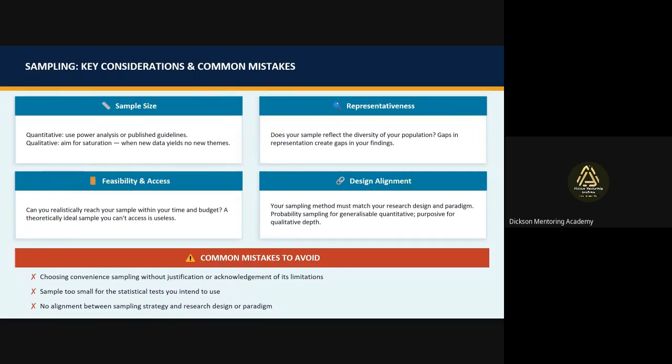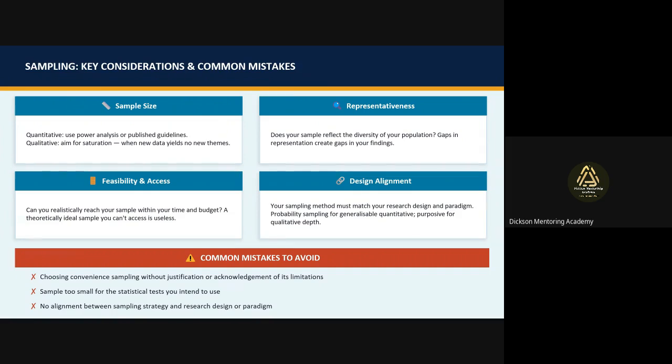So what are the key considerations we make while sampling, and the common mistakes we should avoid? When choosing a sample, consider, one, size. Consider the sample size. In quantitative research, use power analysis or published guidelines.